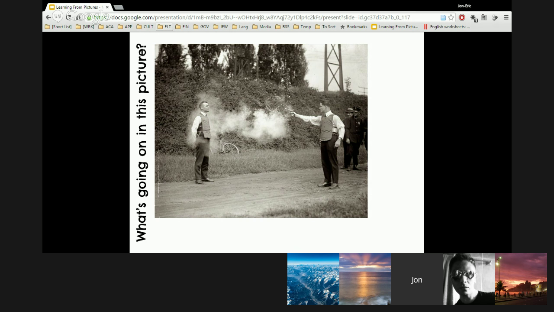Maybe. I thought you were going to say that the man is being executed. No, because of their attitude. The one who's getting shot is a little bit proud. Look at his face, he's smiling, I think so.